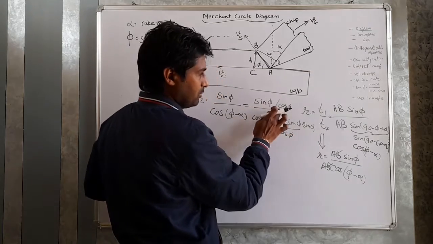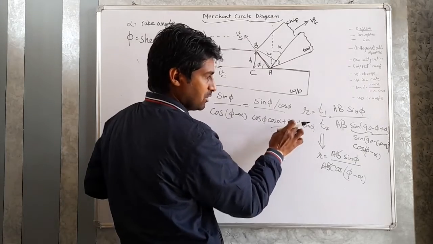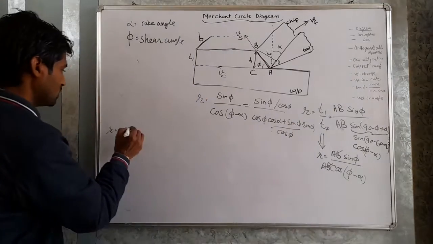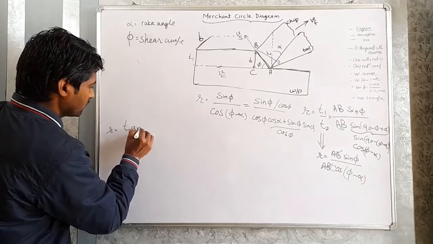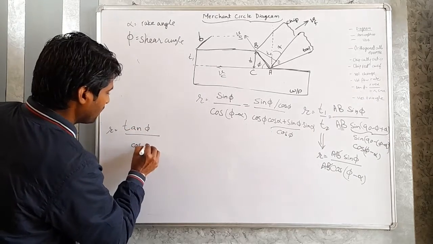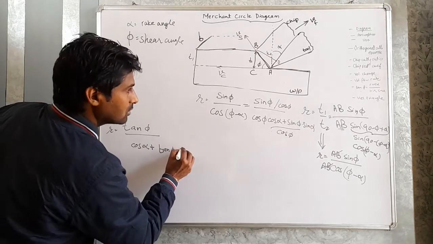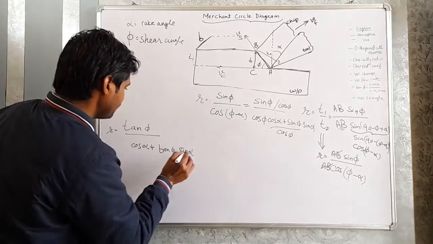So it will become tan phi; cos phi cancels, and sin phi by cos phi becomes tan phi. So this expression will become r equals tan phi divided by (cos alpha plus tan phi sin alpha).